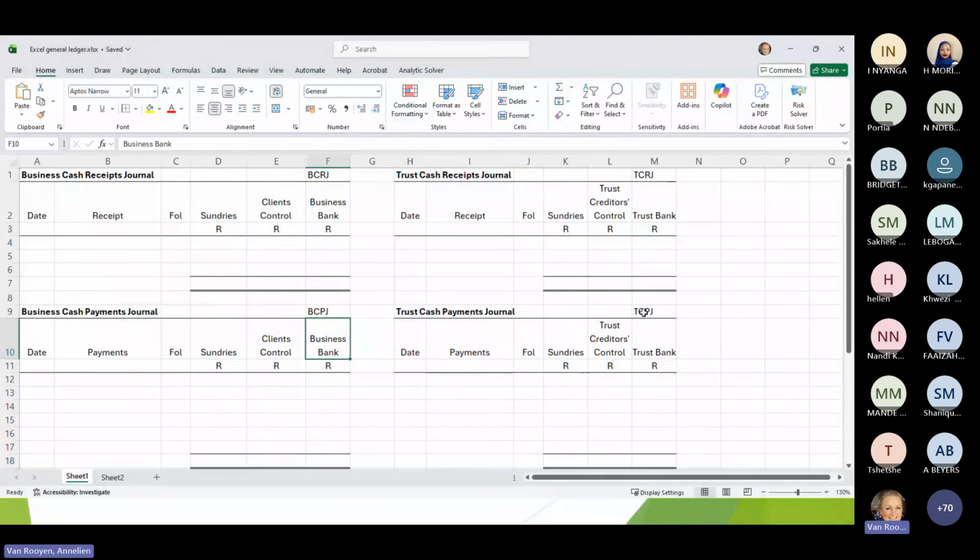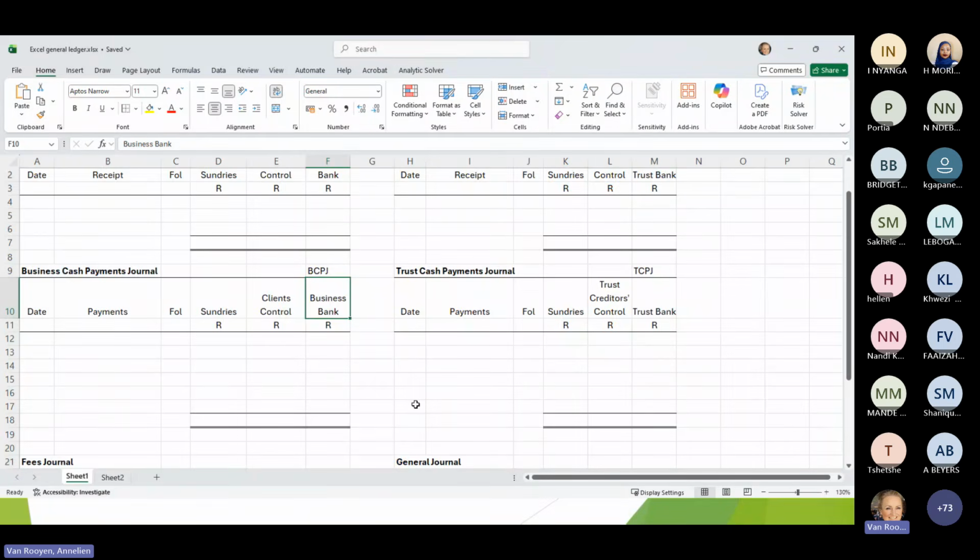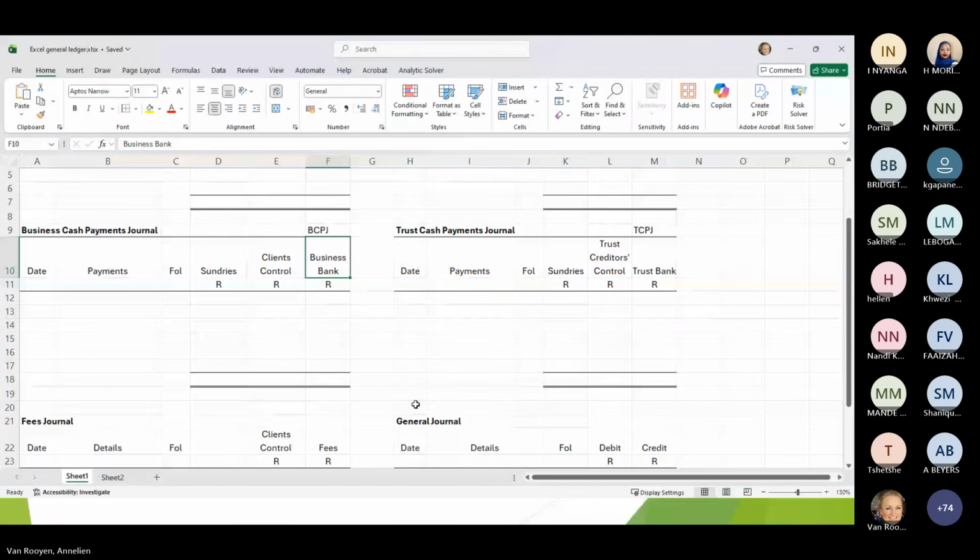Trust cash payments journal, trust cash receipts journal, business cash receipts journal, business cash payments journal. So these you must be able to identify when you do a question online. Okay, those 4, and then the fees journal and the general journal.